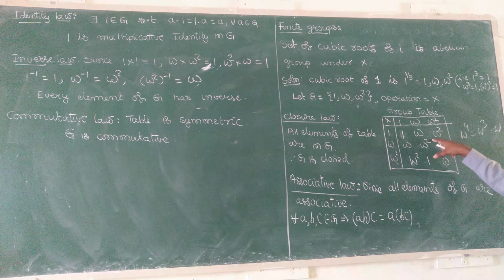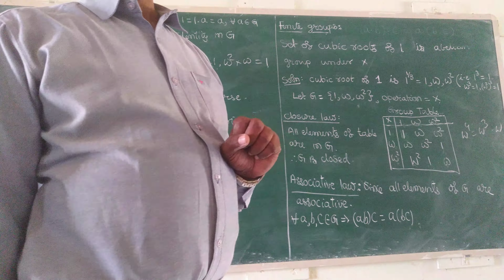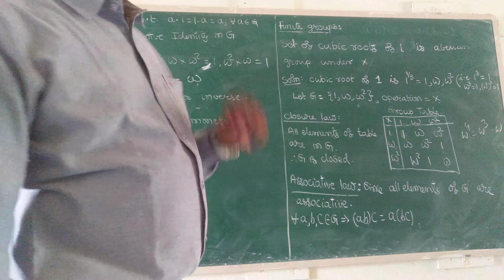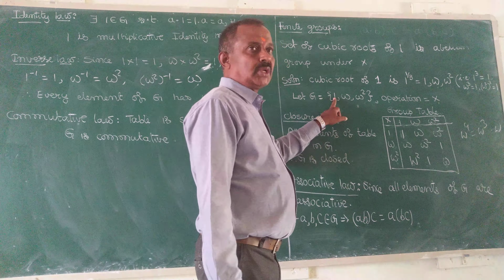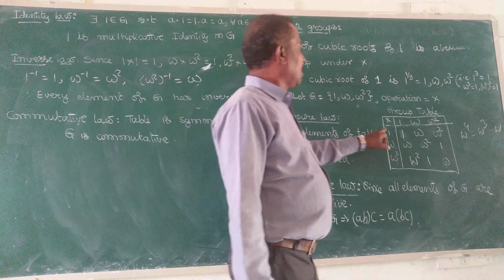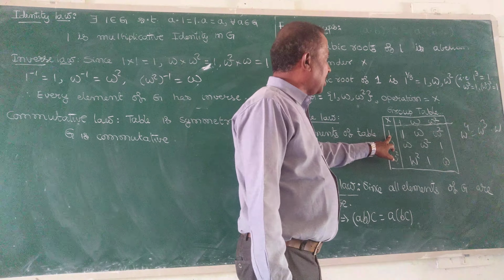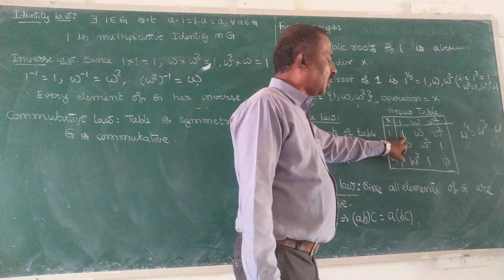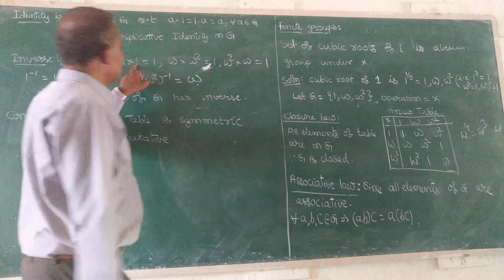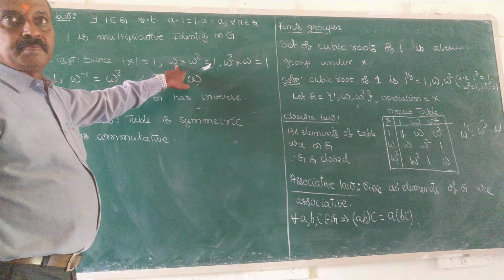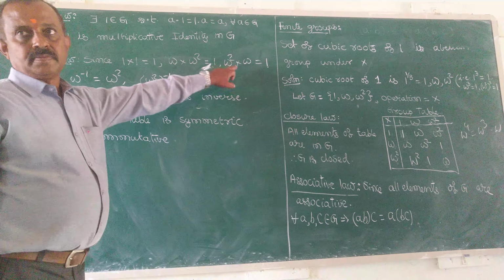How can you find the inverse? A into B equals E. Coming to the question, the first one is what? 1. Which element do we have to multiply with 1 to get 1? 1. 1 into 1 is 1. Omega into omega square, the multiplication is 1.